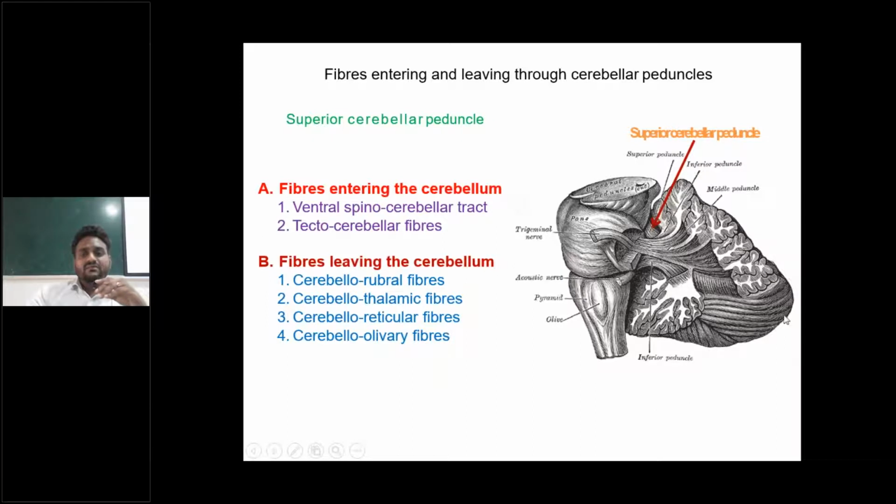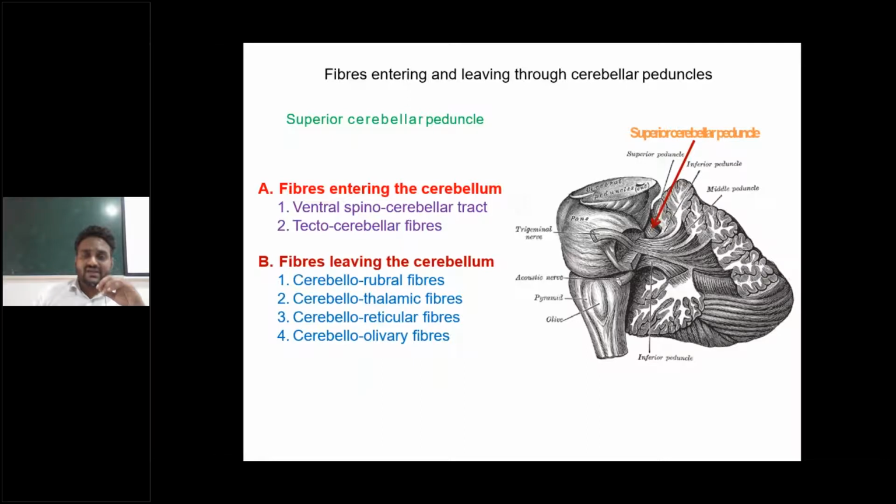Now we come to the fibers passing through the cerebellar peduncles. In the beginning of the class, I told you about the cerebellar peduncles: superior, middle, and inferior. Here I want to clarify one thing, the fibers of the cerebellar peduncles.